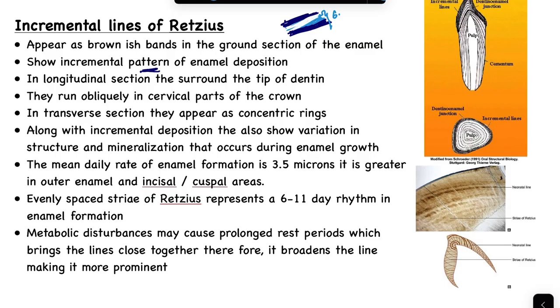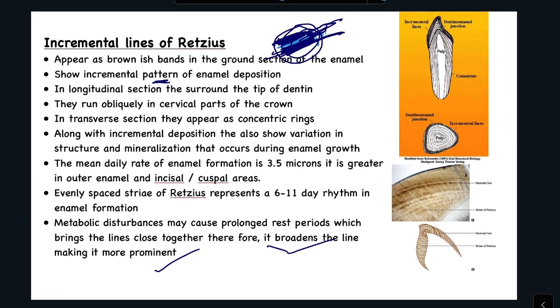So if a small amount of enamel is formed, the dark blue lines will come close together. These lines will broaden and this resting phase will increase and there won't be so much enamel formed. So this will appear broadened and this will appear reduced. So it broadens the line, making it more prominent.